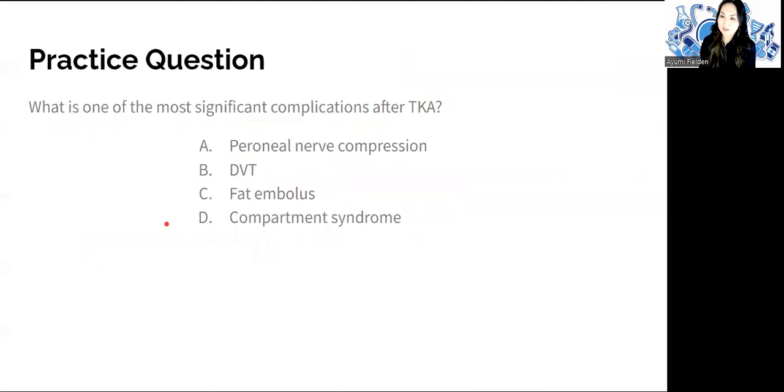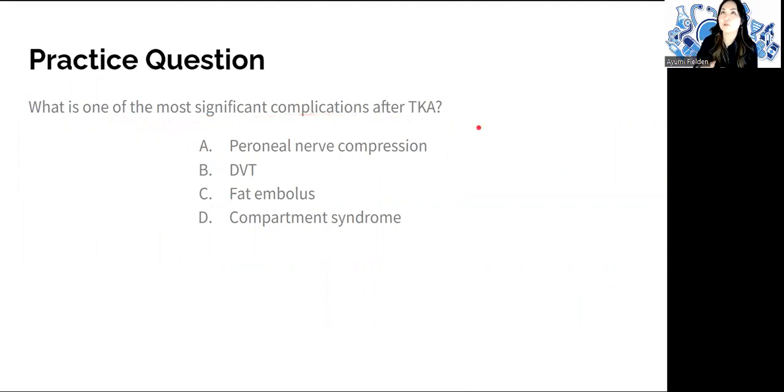All right, let's look at a practice question together. Which one is the most significant complication after total knee arthroplasty? So the key to answering those certification questions is to look at the keywords. Here it is "most significant."